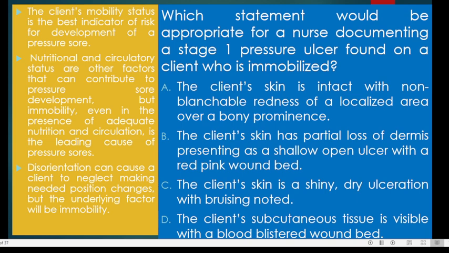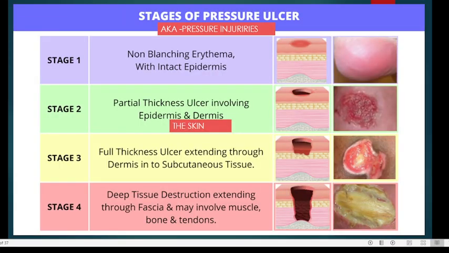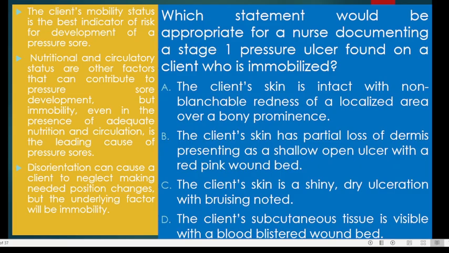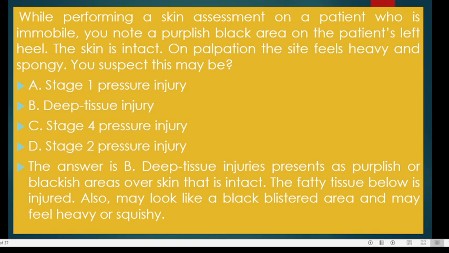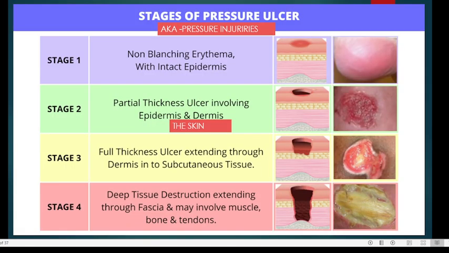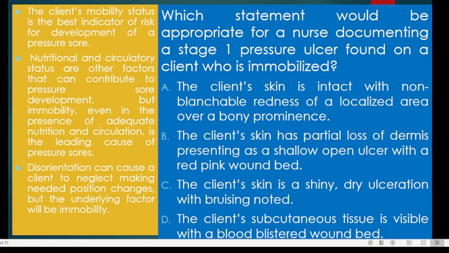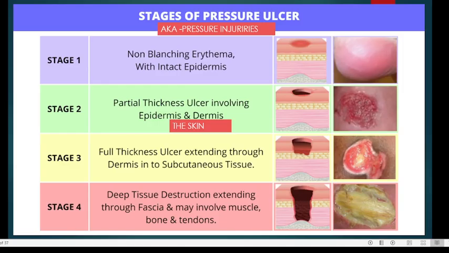Yes, guys, the correct answer is A. And you're saying that it's A because when you look at the stages of pressure ulcers or pressure injuries, we have stage 1 up to stage 4.